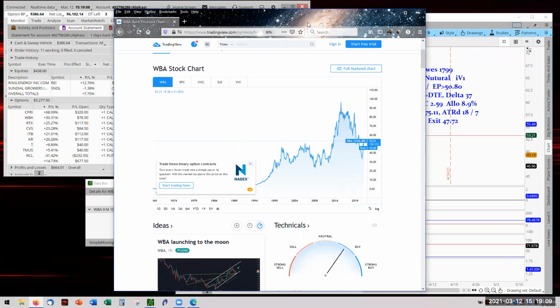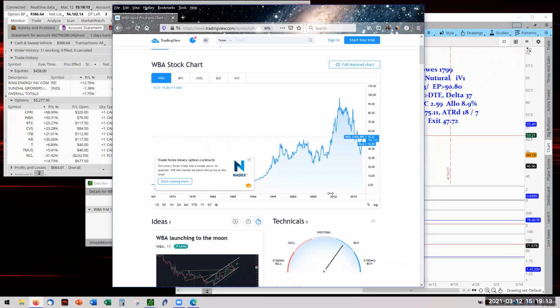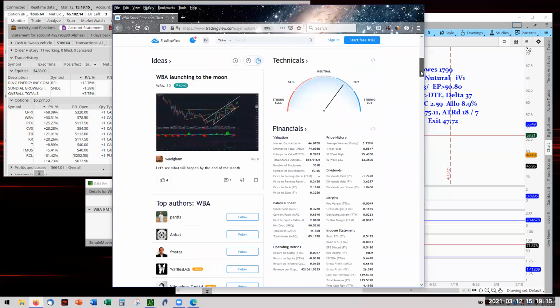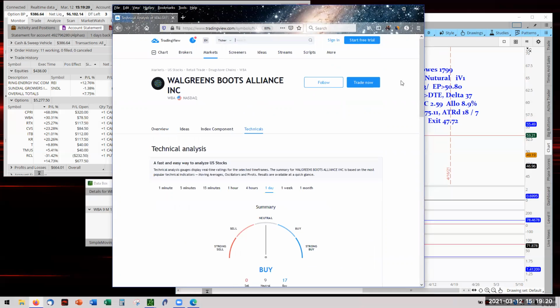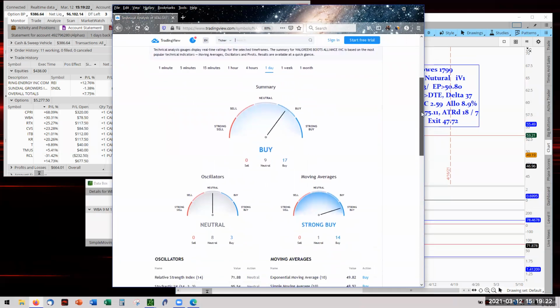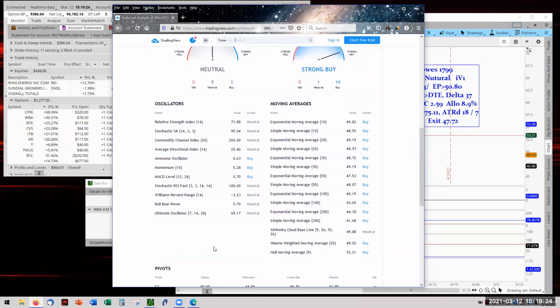All we want out of this, and then let's look at the fundamentals, let's look at the technicals to see where it's possibly going to be even a month from now. This is one of the things I like about this site. Come here, and now you can see that all the indicators down below are in agreement. This is an evaluator.